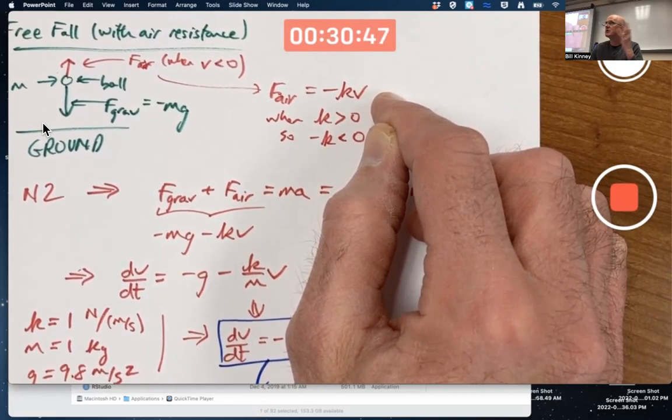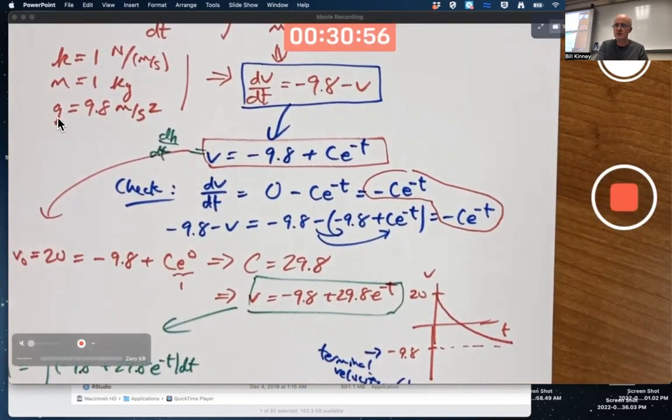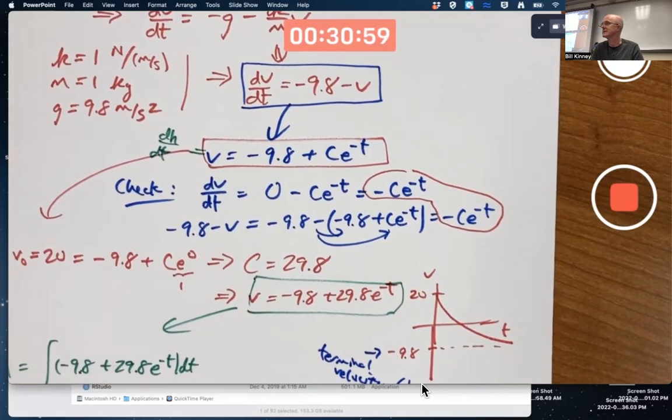Probably shoot the ball with a bunch of different velocities, measure how long it takes to hit the ground, compare with the prediction, and see how good the predictions are. The prediction, again, being 3.05 seconds in this case.